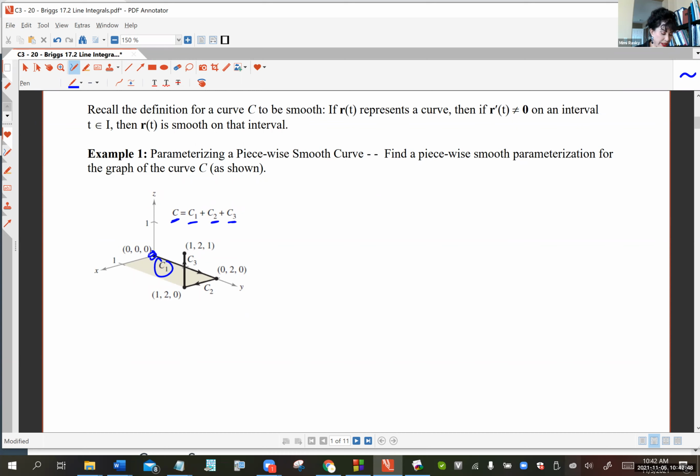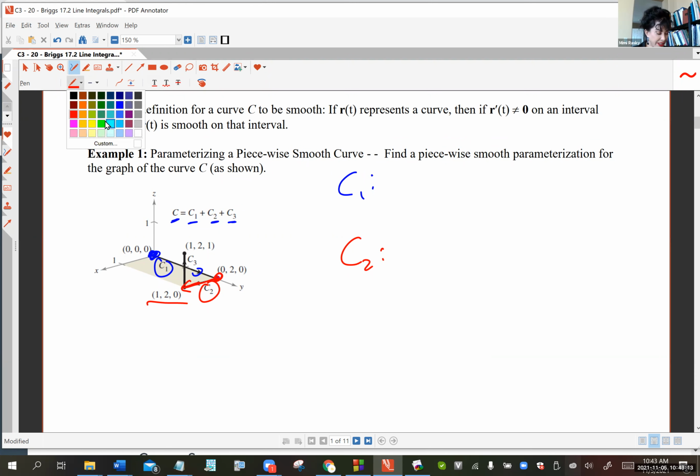So curve 1 starts at 0, 0, 0, and you can see this arrow here, and it ends up over here at 0, 2, 0. So we're going to have to parameterize C1. We'll do that in a moment. The second leg of the journey starts here at 0, 2, 0, and they call it C2, and ends up at 1, 2, 0. So we're going to have to parameterize that second leg of the journey.